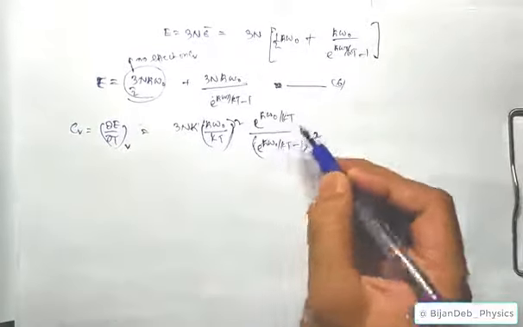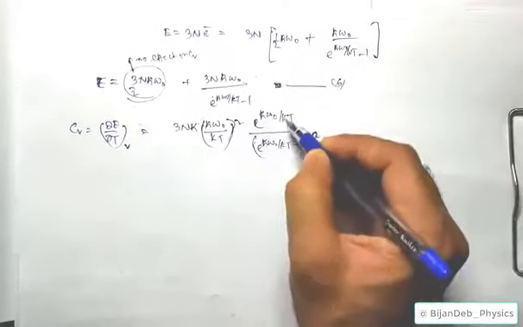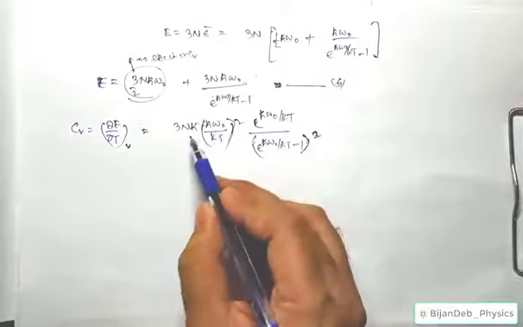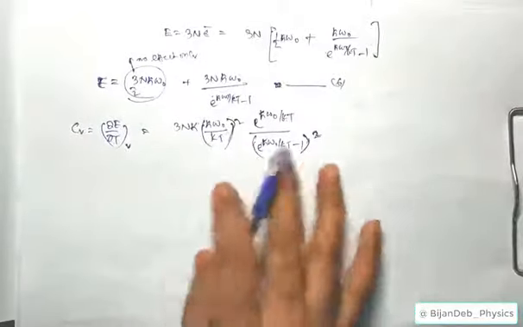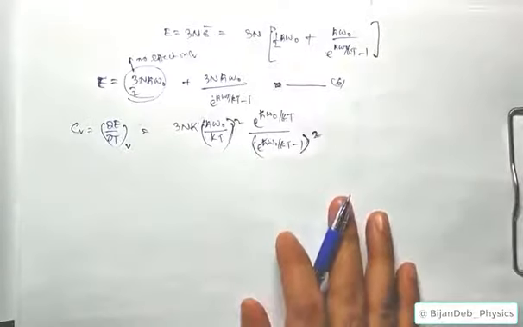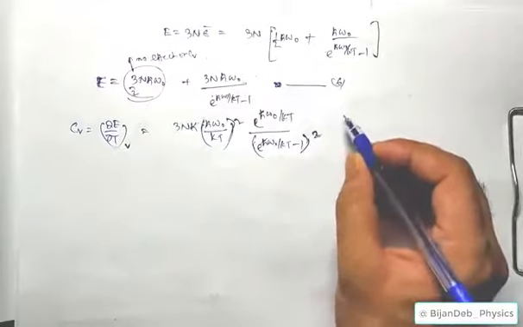So h cross omega by k will come out here, and if you want to square it, you just simplify this, you will get this result, okay, no problem. This derivation you can do as a part, no problem.